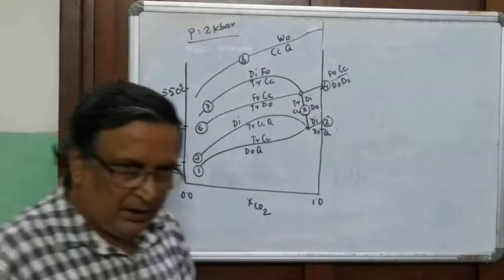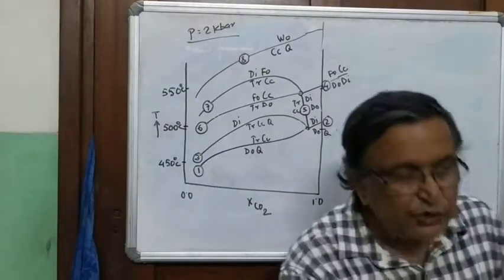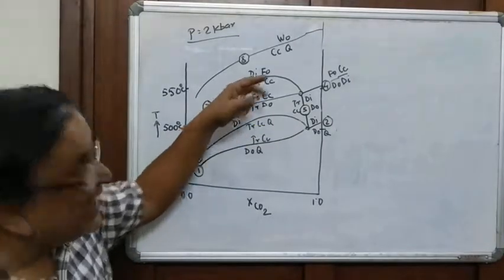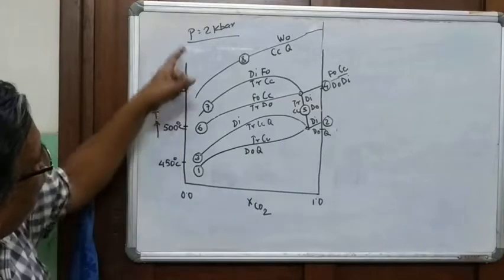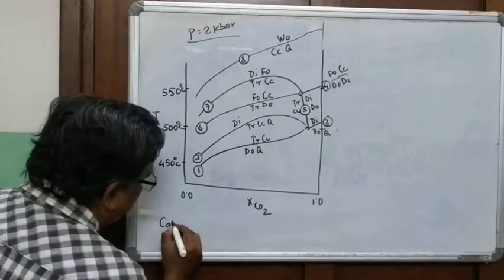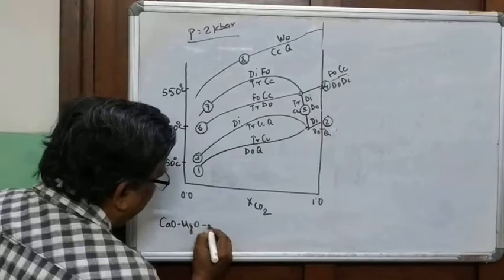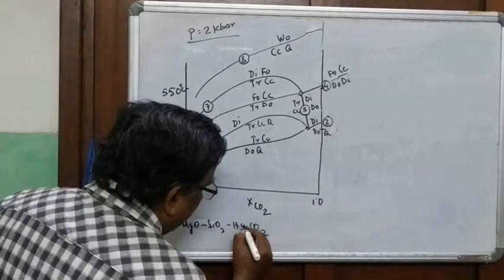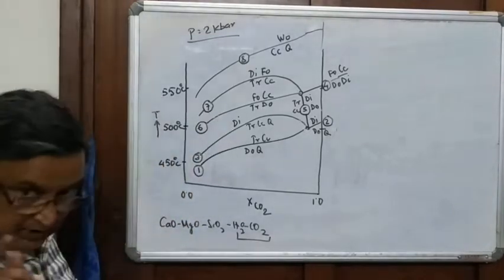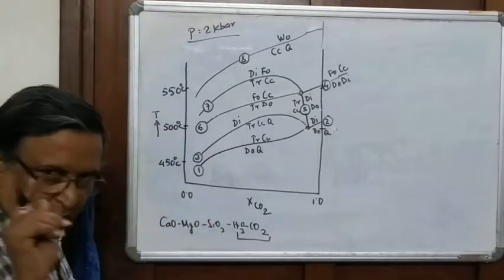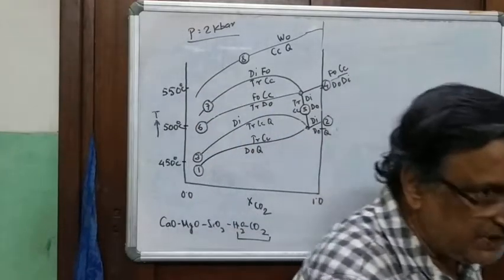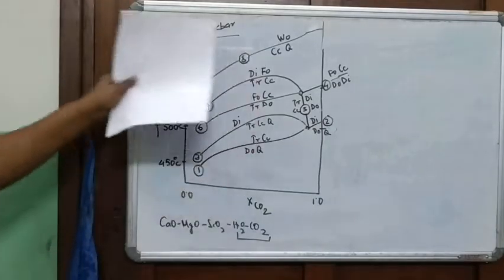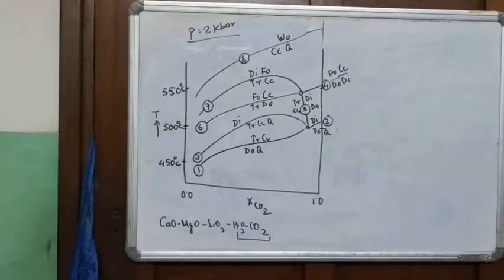This is the topology, or the arrangement, of reactions that are stable for the CaO, MgO, SiO2, H2O, CO2 system, assuming H2O and CO2 as the fluid present, that means XH2O plus XCO2 equal to 1. This is how the topology of the reactions is.